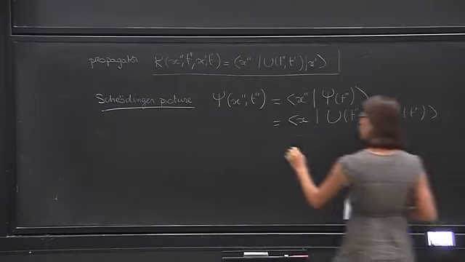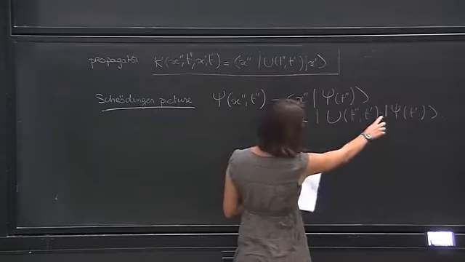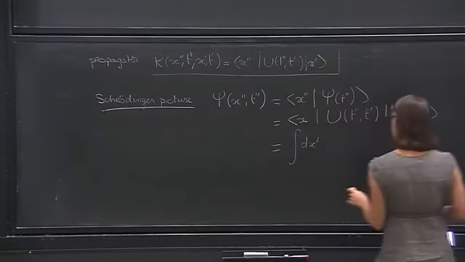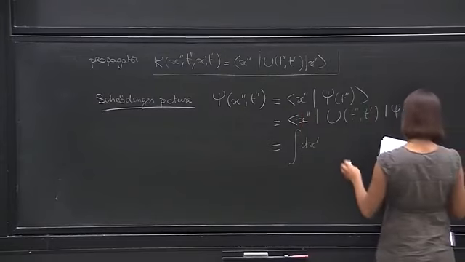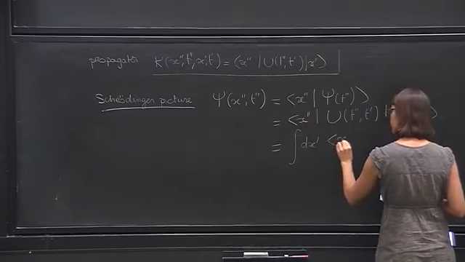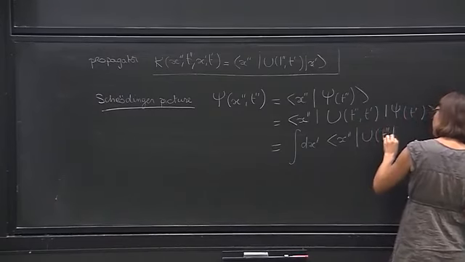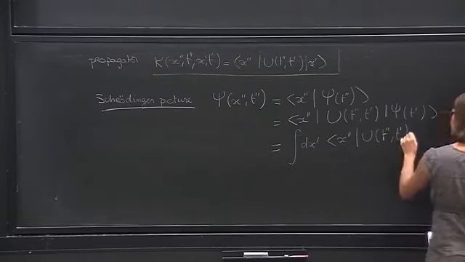And now if I introduce a decomposition of the identity here, in terms of, so here, it's x second, what I'm going to get is that I can make the propagator appear here.